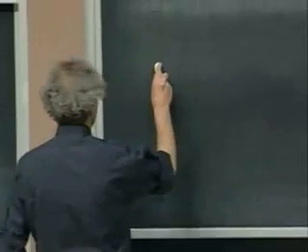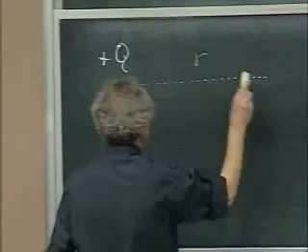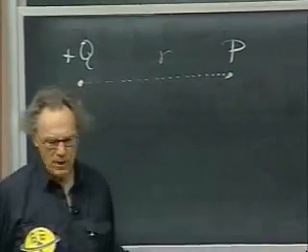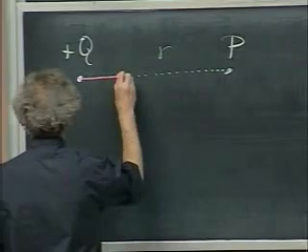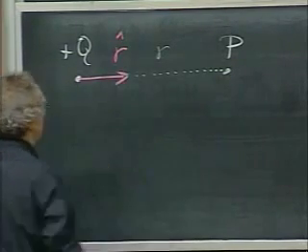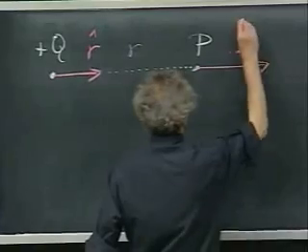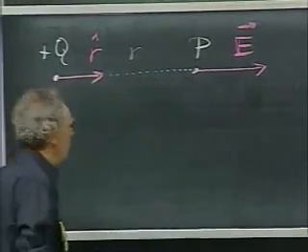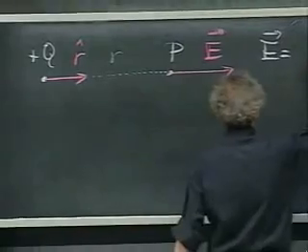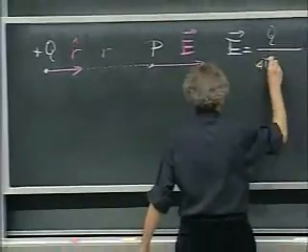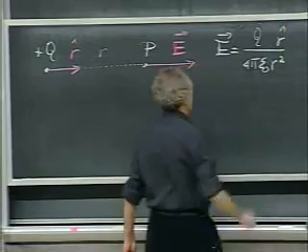I have here a charge plus Q, and at a distance r, at that location P, we know what the electric field is. We've done that a zillion times. This is the unit vector in the direction from Q to that point, and we know that the electric field is pointing away from that charge, and the electric field E, we've seen that already in the first lecture, is Q divided by 4 pi epsilon 0 r squared in the direction of r roof.